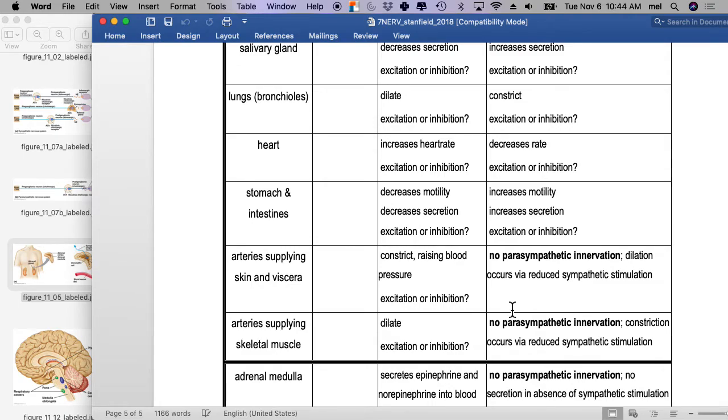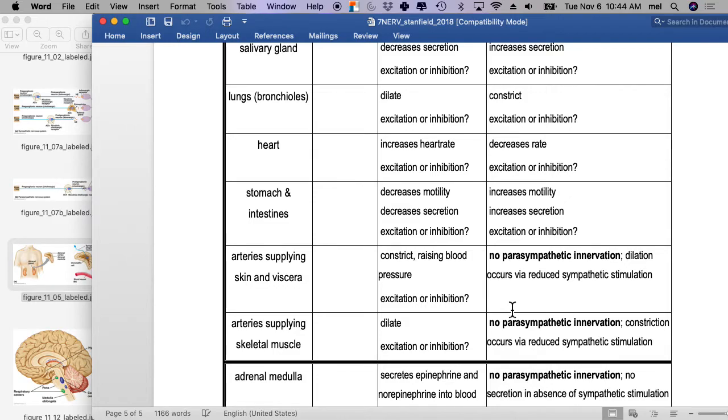Where do you want the blood to go? Do you want it in your skin? No. Do you want it in your viscera? No. Where do you want it to go? Comparatively, you really want it to go to your skeletal muscles, yeah? Heart, lungs, brain. That's it. Everything else can suck it. Okay? So, does that make sense? So what is going to happen is the arteries supplying your skin and your viscera will constrict.